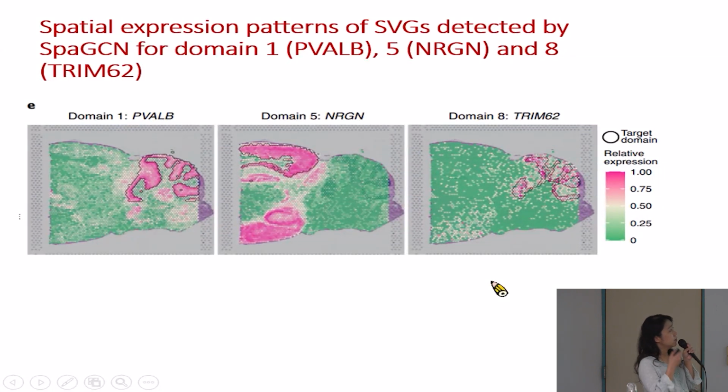Then they also define the gene expression profiling through the different domains and find that the spatial gene profiling of SVGs, which are detected by SpaGCN, for domain 1 is PVALB, for domain 5 is the NRGN gene, and for domain 8 is TRIM62.